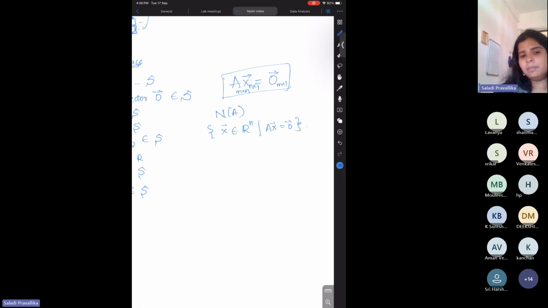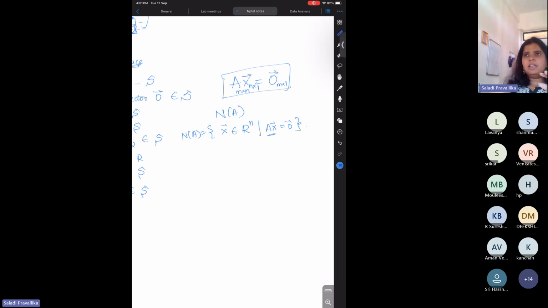It is a fundamental concept in understanding the properties of linear transformations. So this is R of n, n-dimensional space, and AX is a matrix and vector product, right?